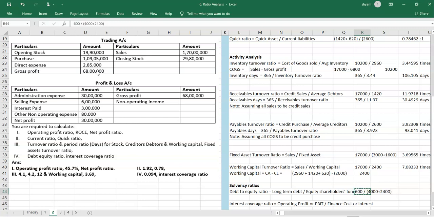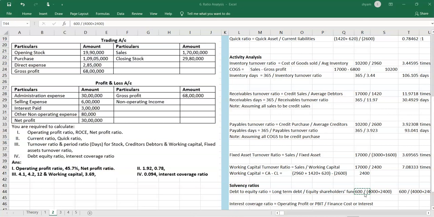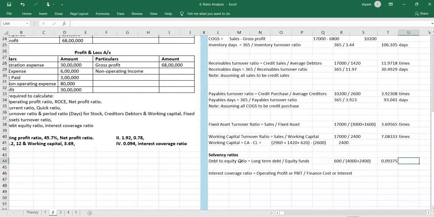Okay, so we'll get the answer. So we got the answer. So it is 2 to 1.